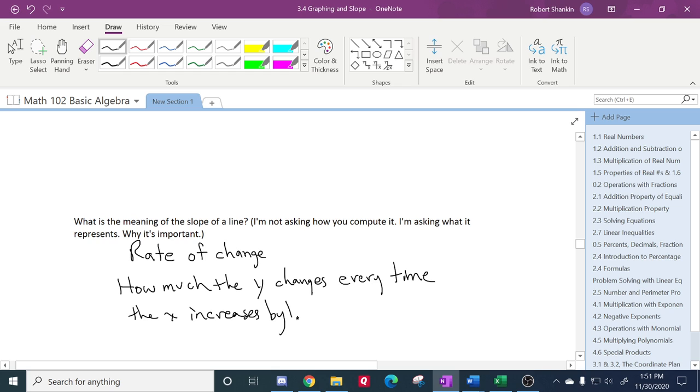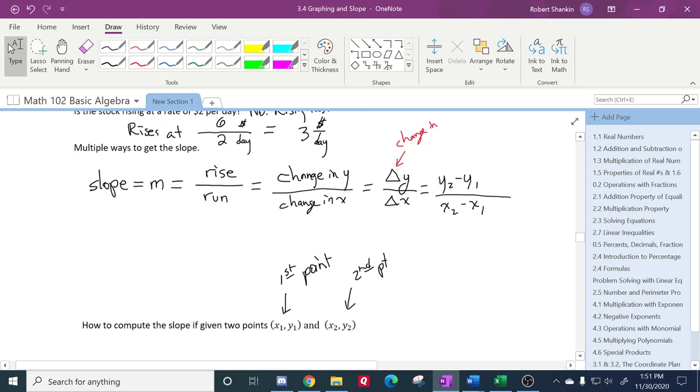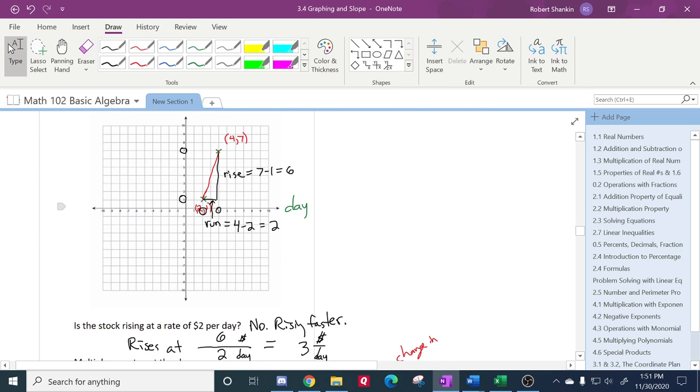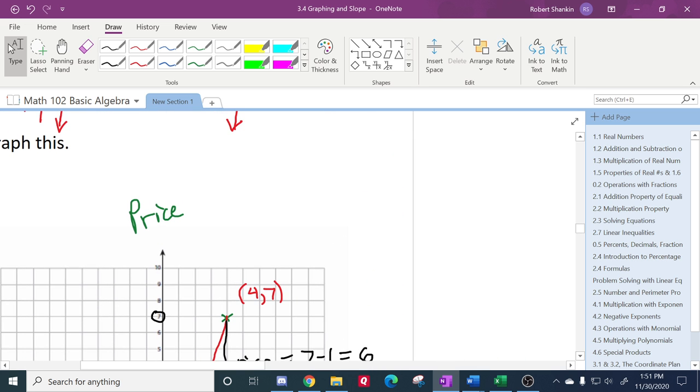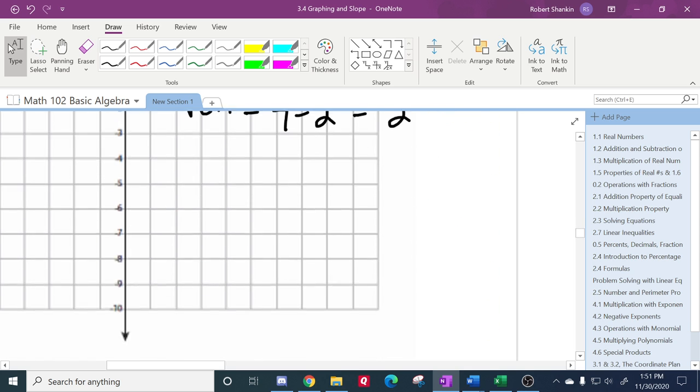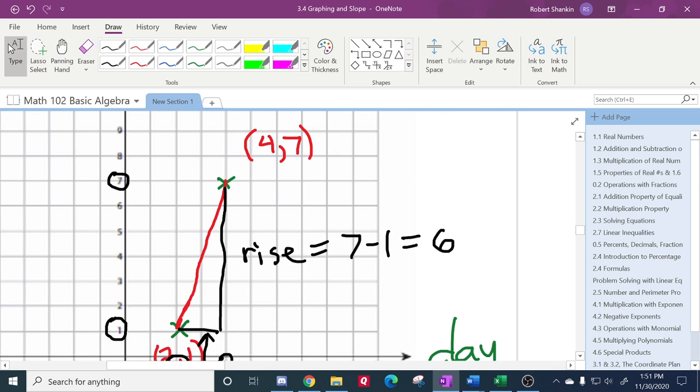Now, let's look at this again in this context, how much the y changes. Look back here. Every time the x increased, I'm going to zoom in real big on that. Every time the x went up by 1, see, we said the slope turned out to be 3.